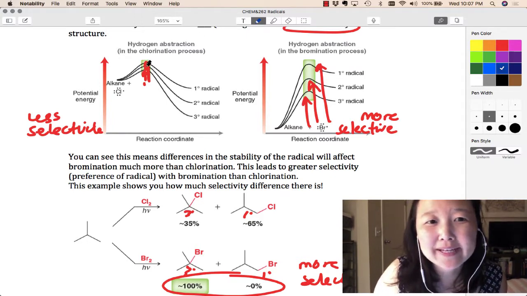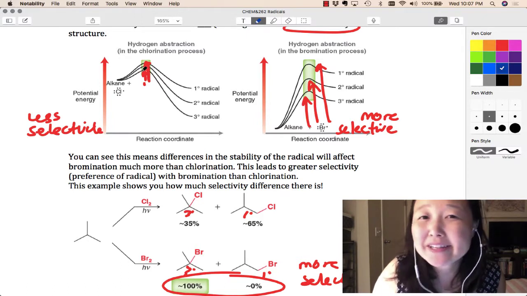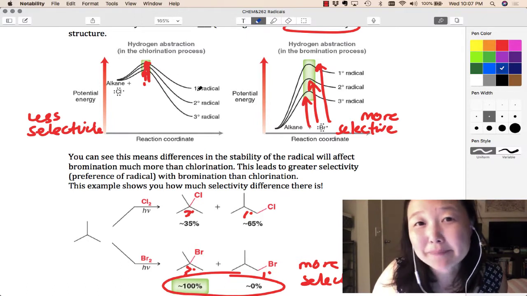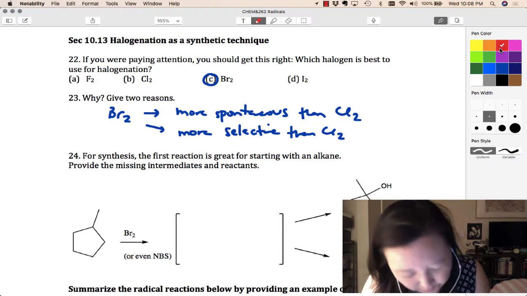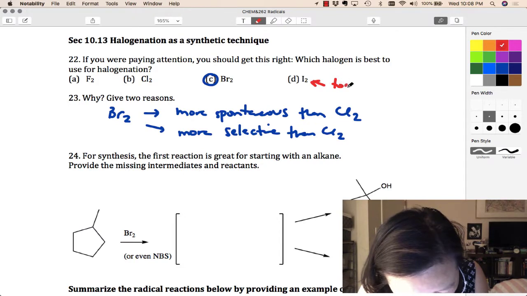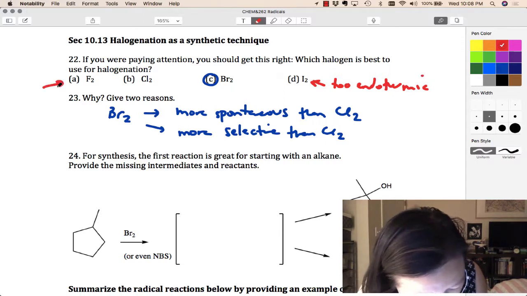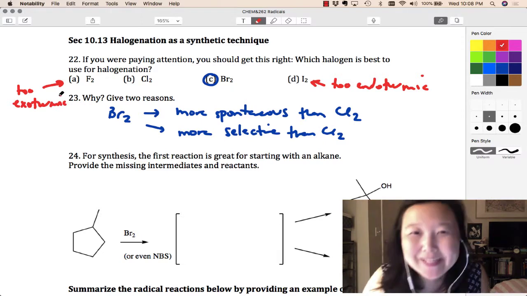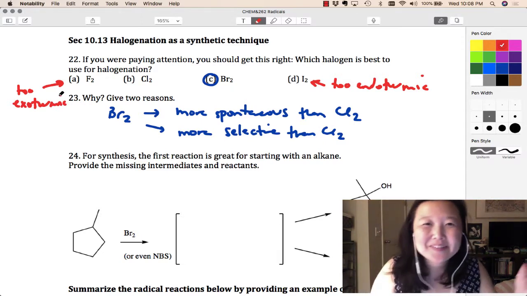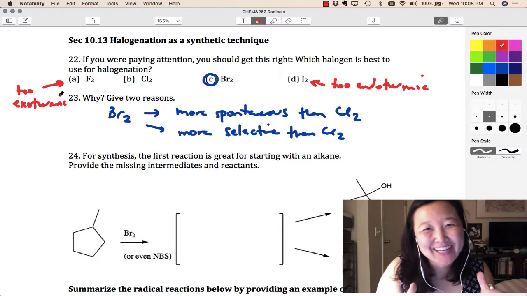Whereas for chlorine, the difference in those activation energies is just not as great to see a big difference in the rates. And of course, we'll make a note here: too endothermic for this reaction to occur, and this one was too exothermic. So I call it the Goldilocks principle: too hot, too cold, or just right, okay?